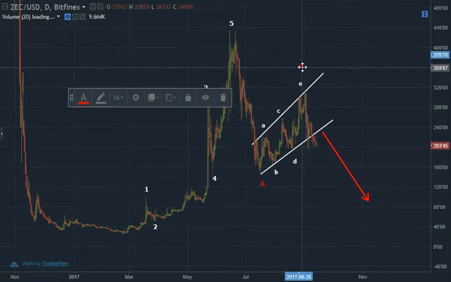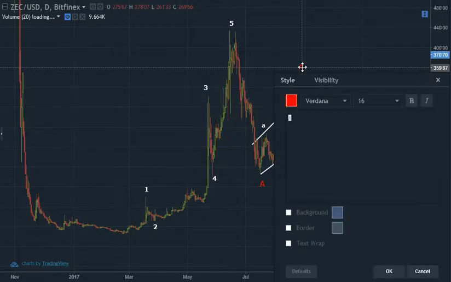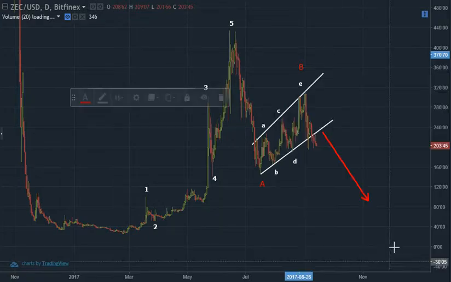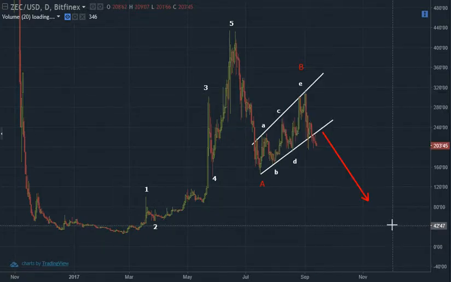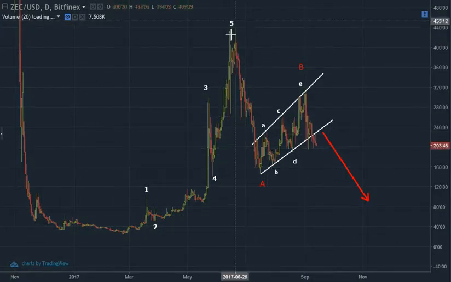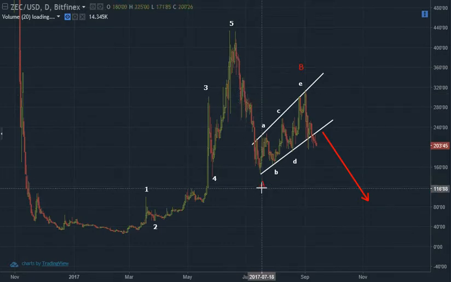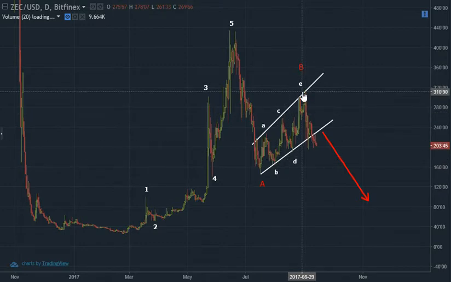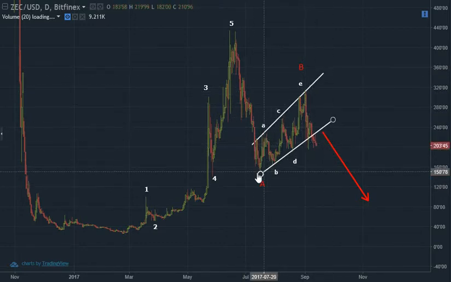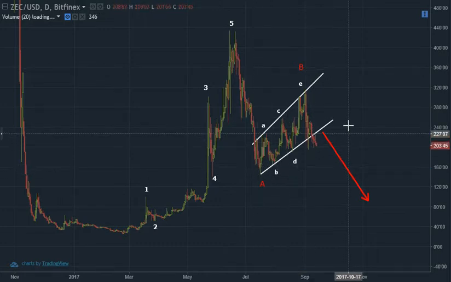And here would mark the top of wave B. So again, A, 1, 2, 3, 4, 5, B. In a very complex correction, A, B, C, D, E, giving a combination bear flag, expanding triangle.